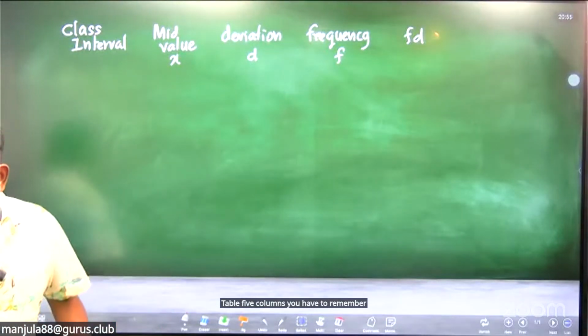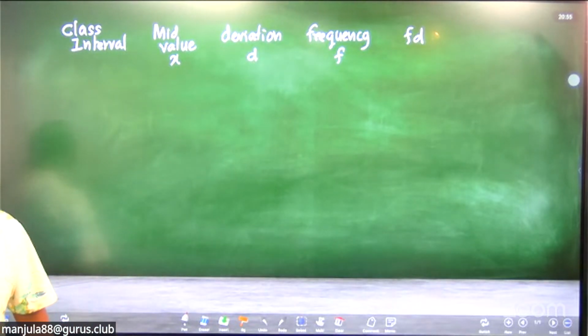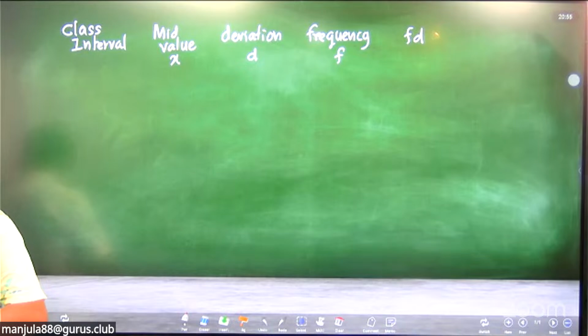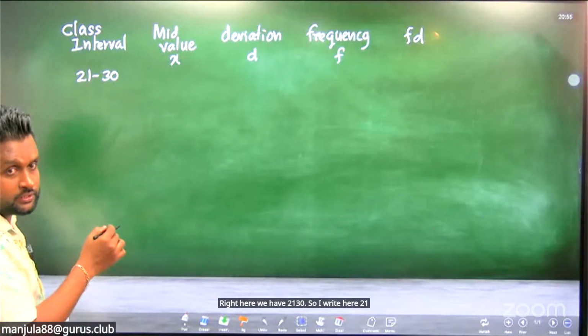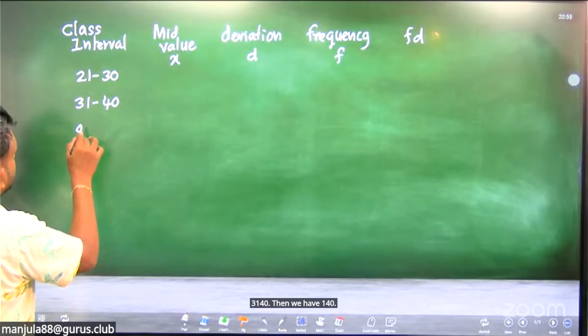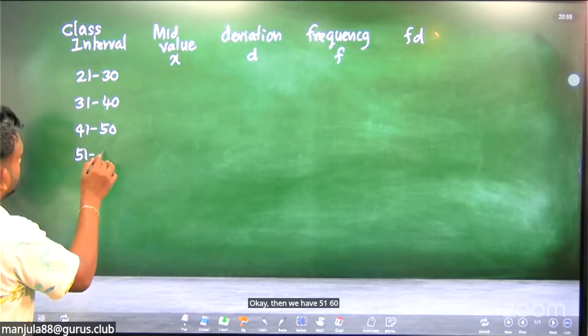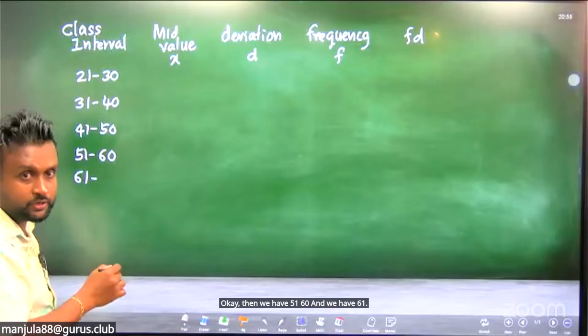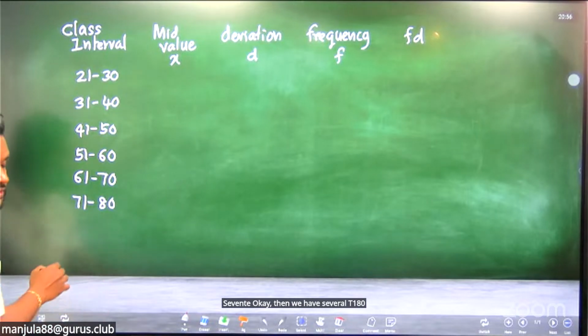Now check the class interval. Here we have 21 to 30, so I write 21 to 30, then 31 to 40, then 41 to 50, then 51 to 60, then 61 to 70, then 71 to 80, then 81 to 90.